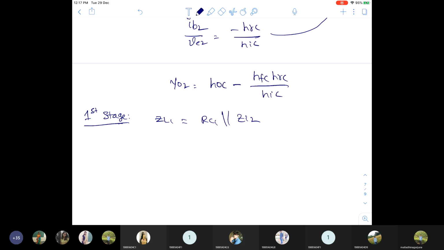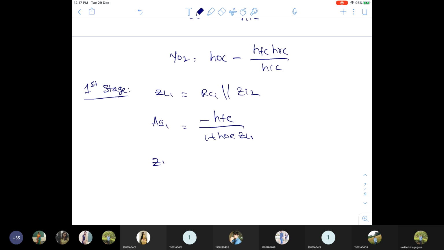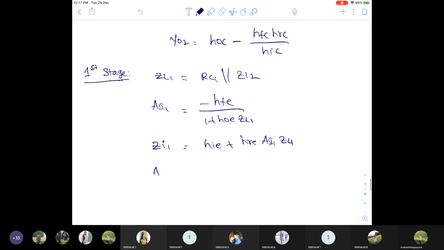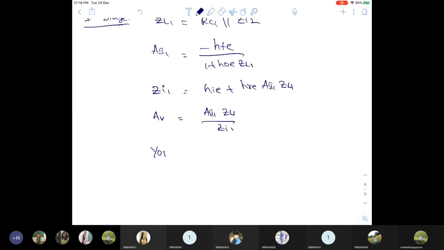You will get AI1 equal to minus HFE by 1 plus HOE into ZL1, ZI1 equal to HIE plus HRE A1 into ZL1, AV equal to A1 into ZL1 by ZI1, Y01 equal to HOE minus HFE HRE by HIE.